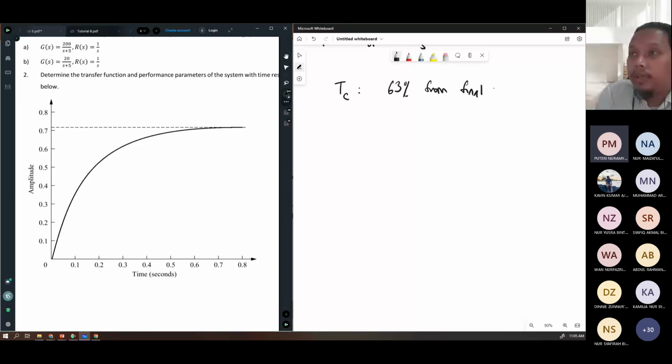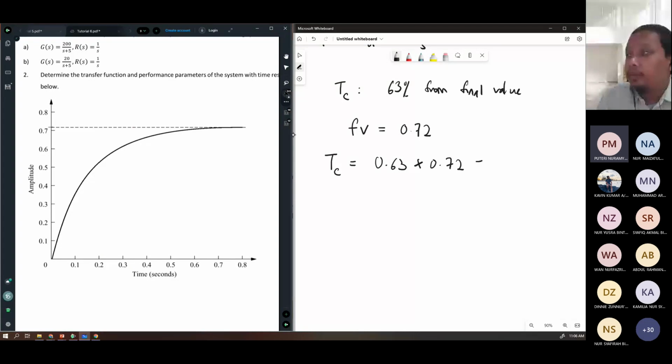Here is the final value, maybe about 0.72, approximately. So the time constant is 63% of the final value. Let me calculate it. So we get about 0.45.